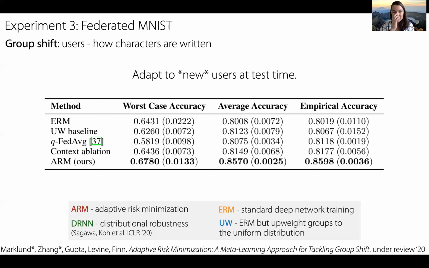And what we see is, again, we compare to ERM, an upweighting baseline, and a federated learning method, as well as a simple sanity check that ablates whether the context is actually useful for our method. And we find that we're able to significantly outperform on all three: worst case, average, and empirical accuracy, and actually do quite well across the board.